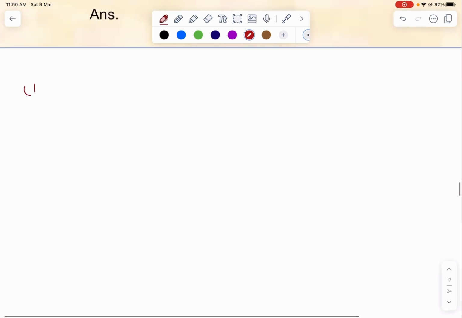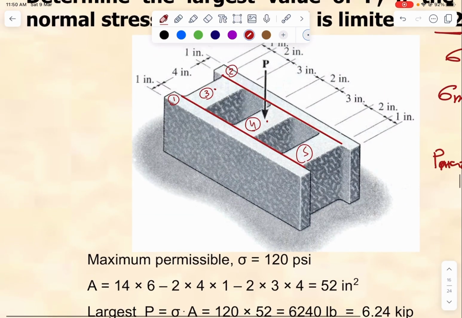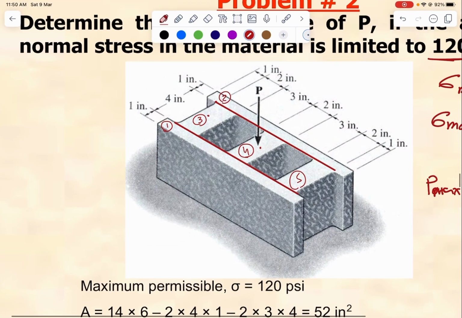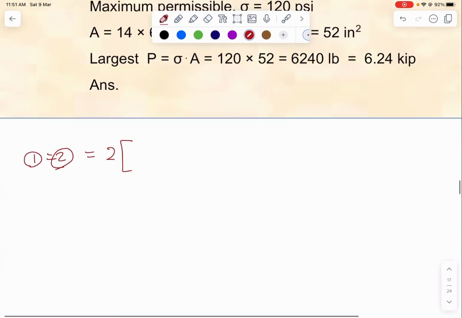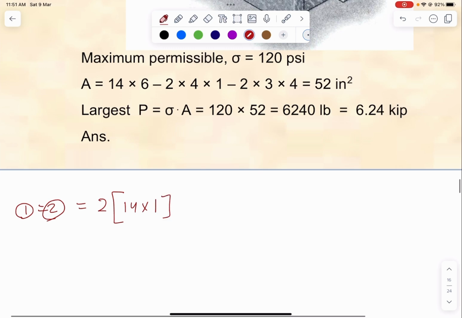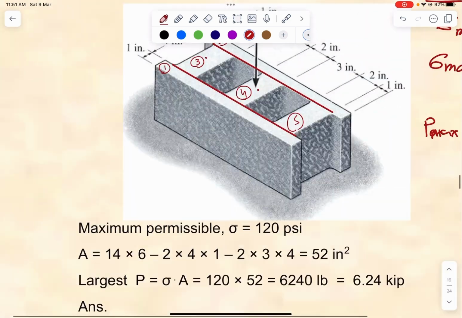So 1 is equal to 2, so I'm just going to multiply their areas by 2, and they are 1 times all of this, and it's 14 times 1, 28. This is the area of 1 and 2.